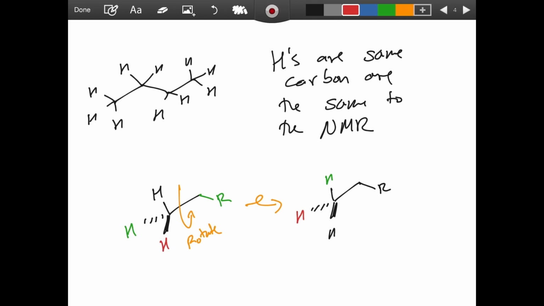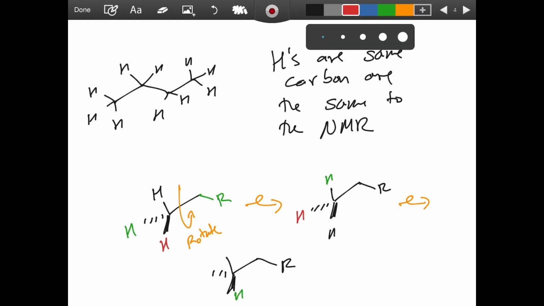The red hydrogen goes from being on the wedge to the dash, and the green hydrogen ends up in plane. And then the next picture, it rotates again. And now they're all in different places. So what ends up happening is the NMR just ends up averaging all of these different conformations together.